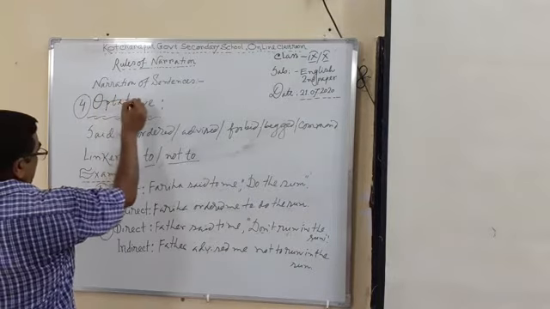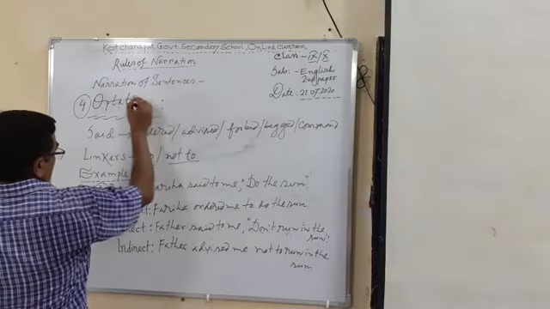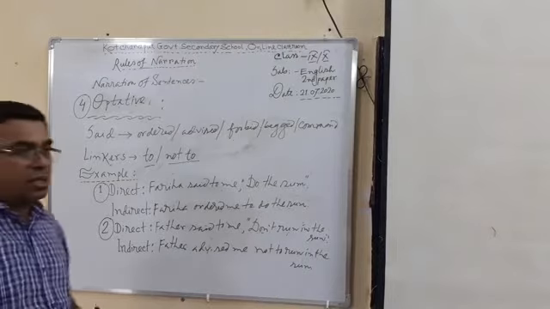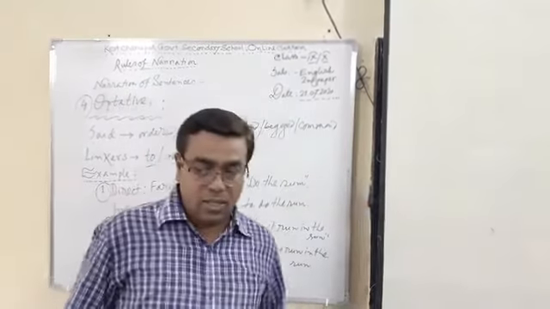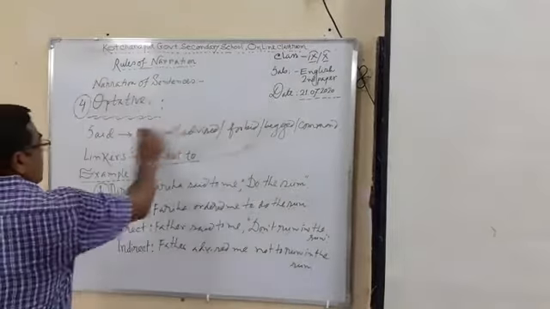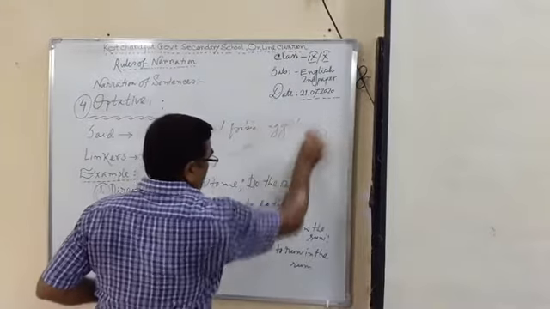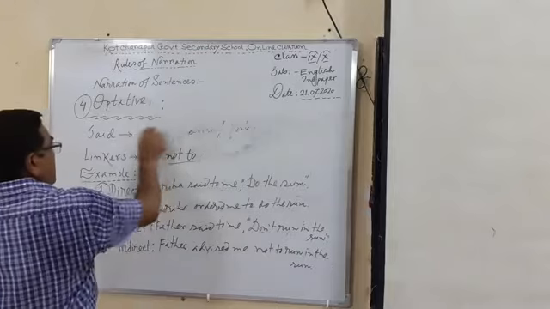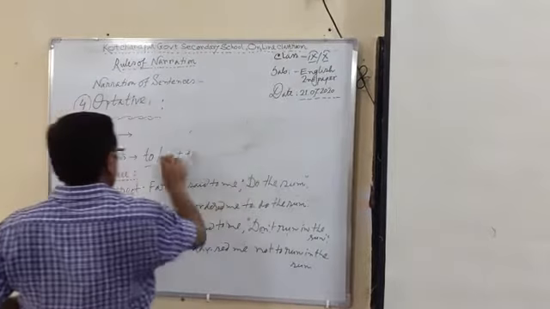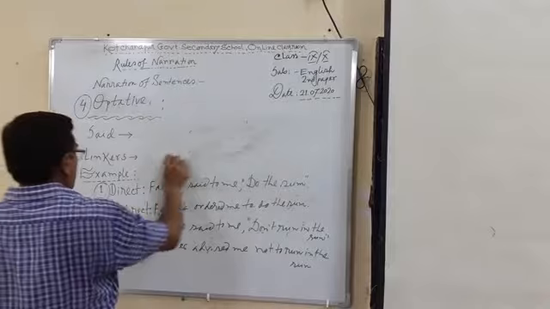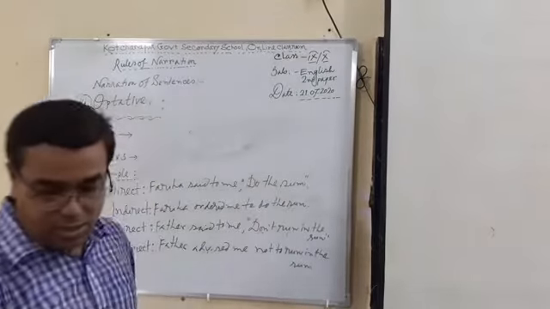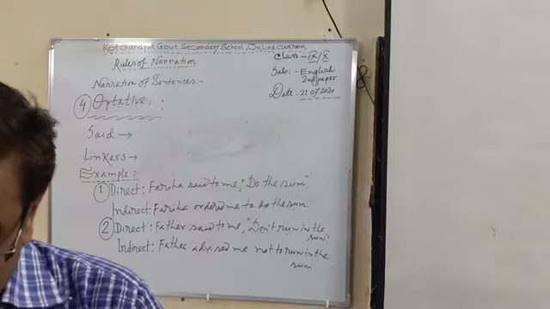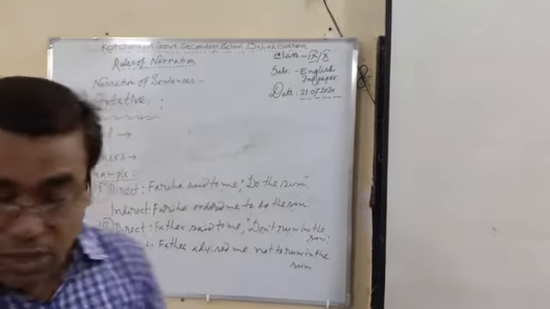An optative sentence begins with a blessing or prayer. Okay. And how can we convert direct to indirect speech in an optative sentence? We use prayed or wished instead of said, and the linker that.